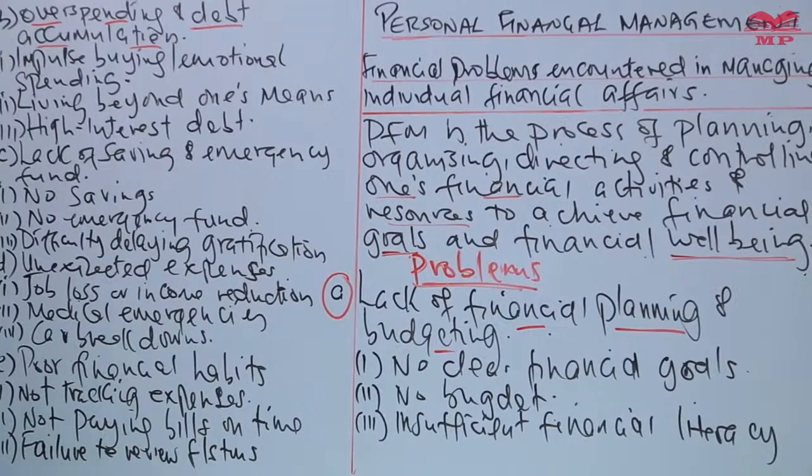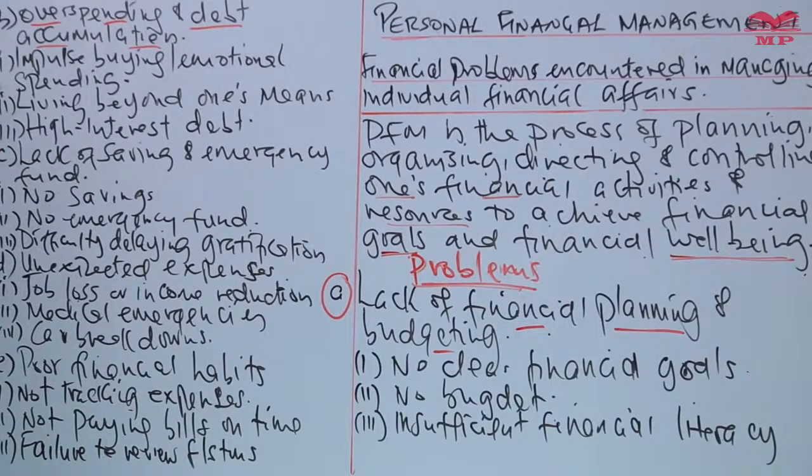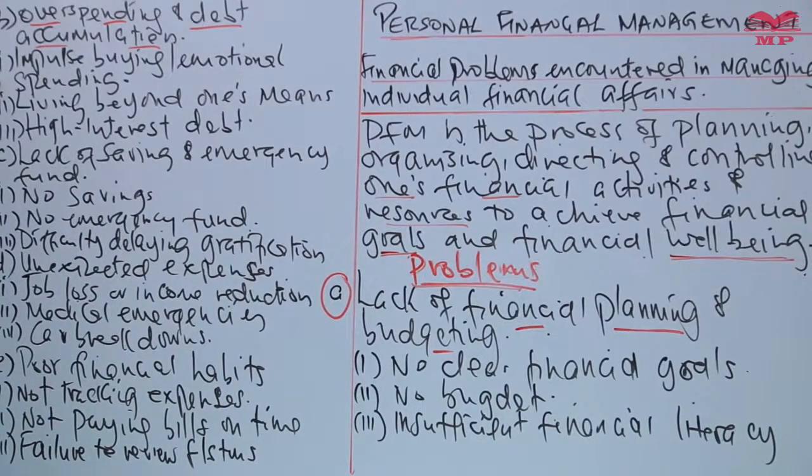The second category is overspending and debt accumulation. That can be caused by impulse buying or emotional spending. Individuals ought to avoid what is not categorized as needs. Number two, individuals should live within their means. Number three, individuals ought to avoid high interest debts.